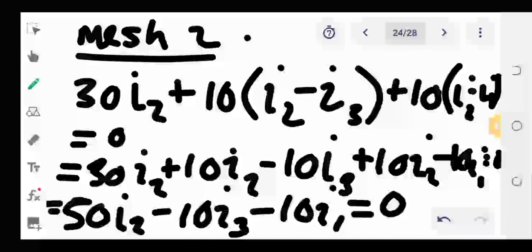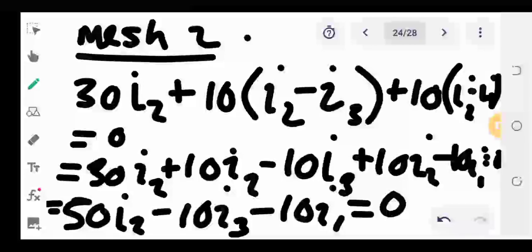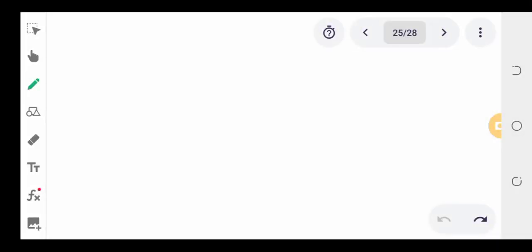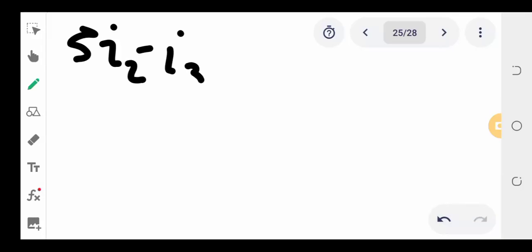We can reduce that by dividing throughout by 10, which is the lowest common multiple. If we divide throughout by 10, we get an equation equivalent to 5I2 minus I3 minus I1 equals 0.